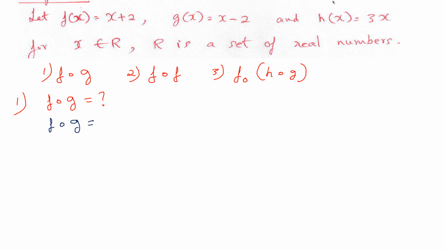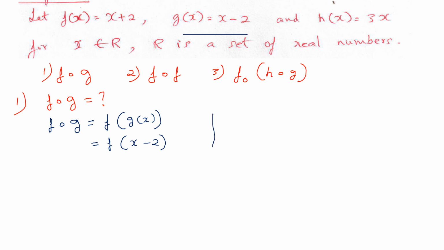Just like the previous problem, F of G of x. Now what is G of x? See here, G of x is x minus 2. So x minus 2. Next, what to do?